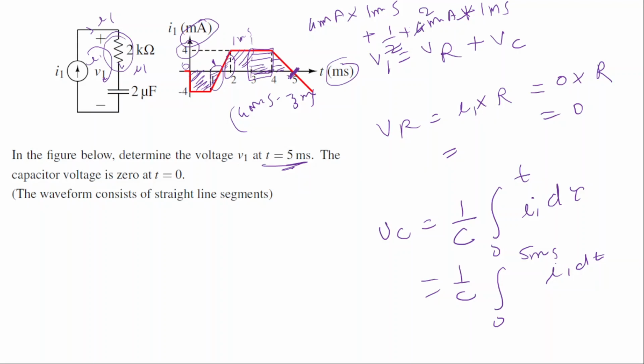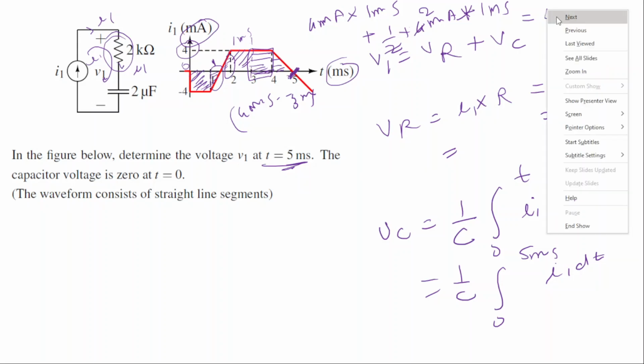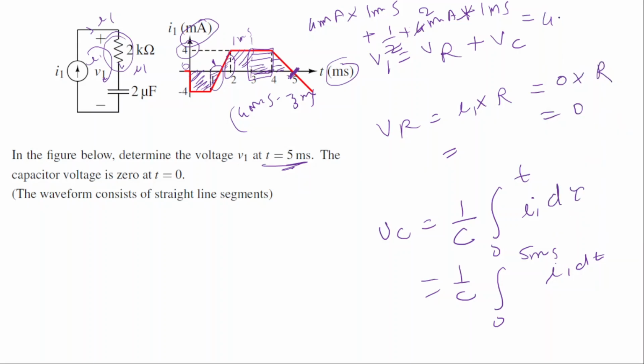So the total integration, the total area, will be 4 plus 2, micro ampere second. So it will be 6 micro ampere second, or we can say coulomb.